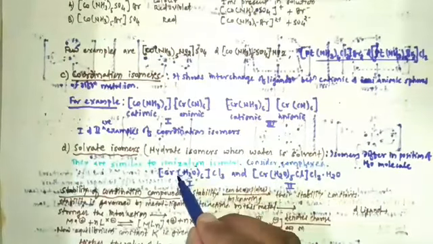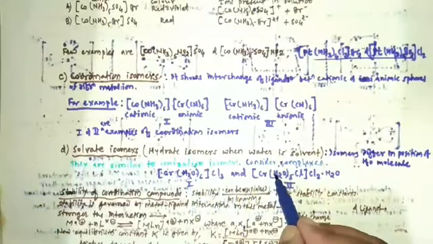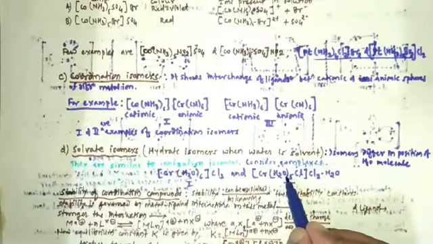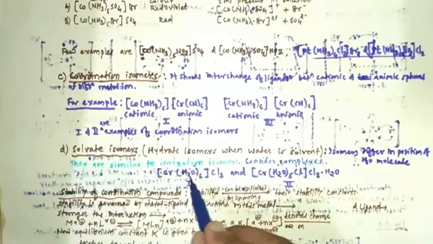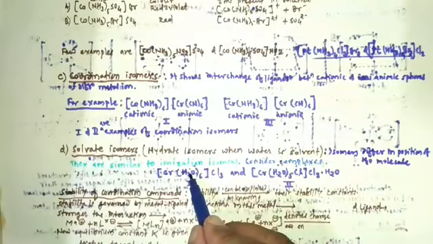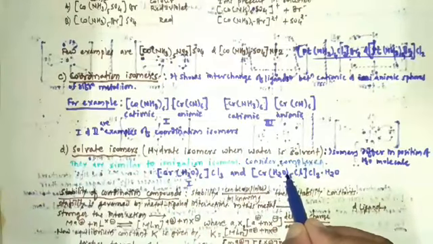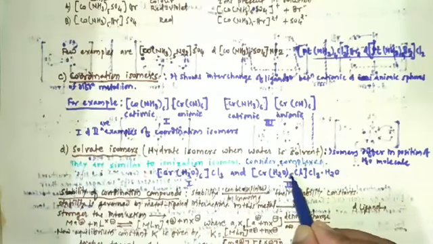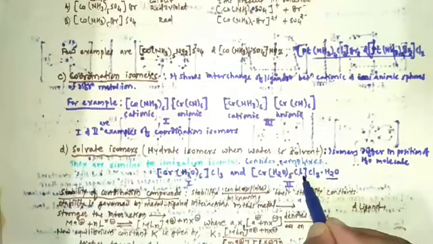So look at these two complexes, first and second. In the first, solvent water is directly bonded to chromium, and in the second, H2O appears as a free solvent molecule.